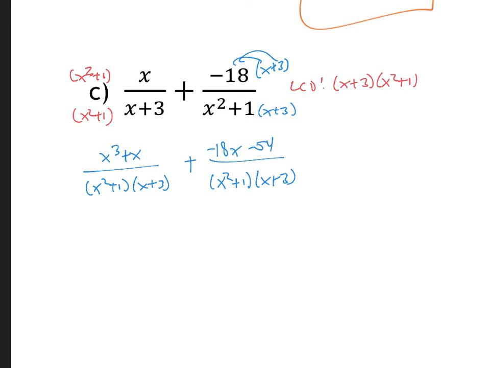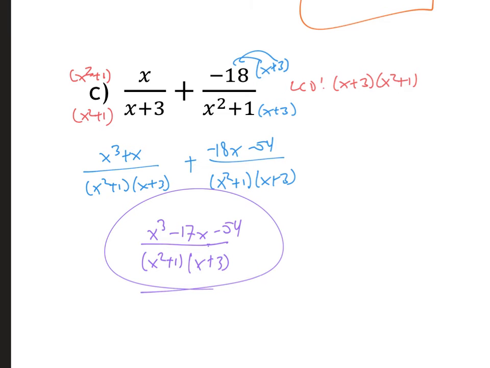So I now have the same denominator, which is awesome. But I want to combine the top. So x cubed is my largest. X minus 18x is a negative 17x, and then a minus 54. And you're done. You got your solution.